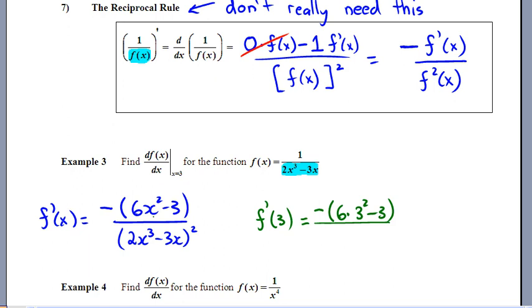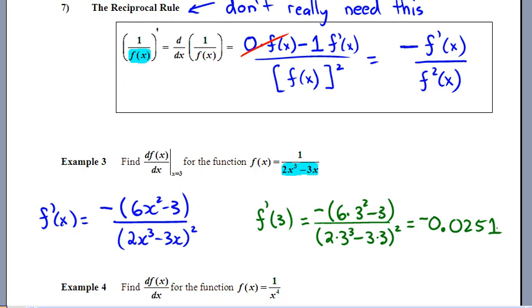I'm just evaluating this blue stuff, putting 3 in for x. And then 2 times 3 cubed, lots of 3's here, minus 3 times 3, all squared. And if I'm not mistaken, to 4 decimal places, which is our rule for the course, it's negative 0.251. We can stop there.